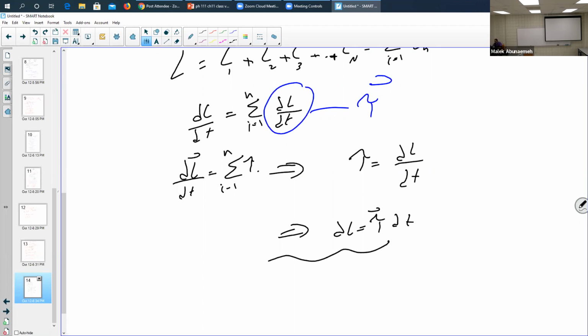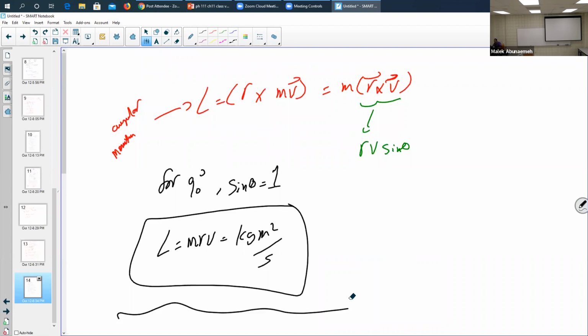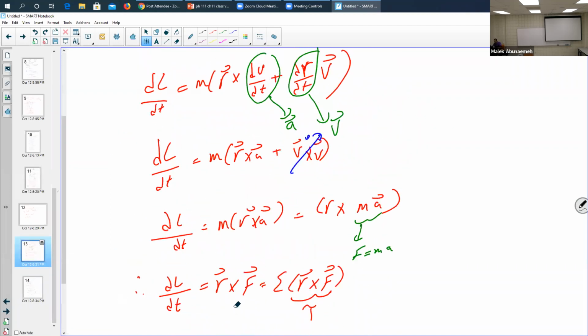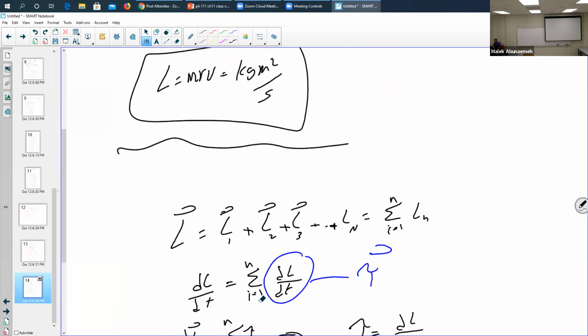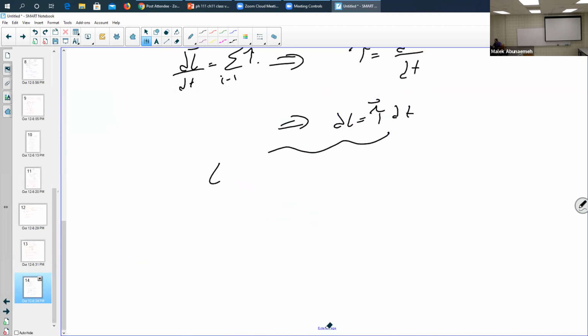And again, L equals mrv. Actually, let me write it down over here again one more time. Yeah, here it is. So your L equals mrv, right?